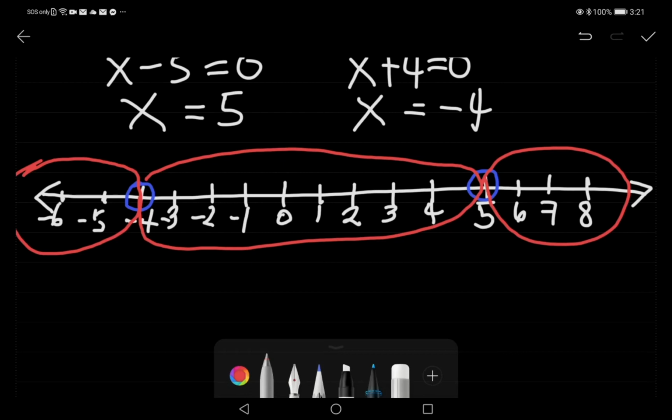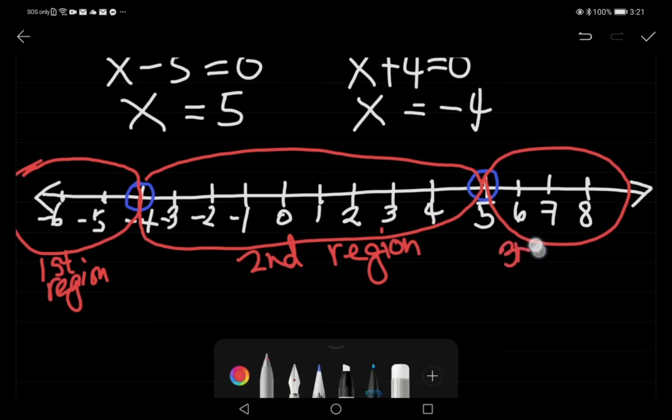So this is the first region. The second region. And this is the third region. So atong i-test ang first region.